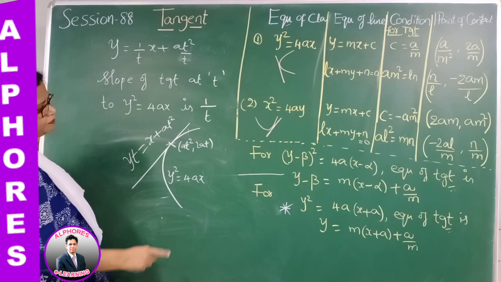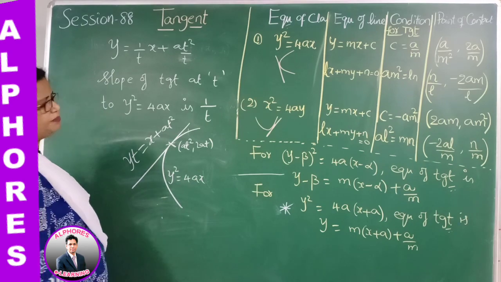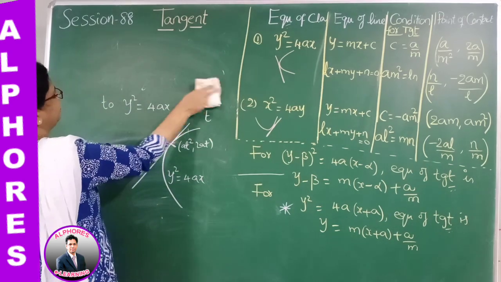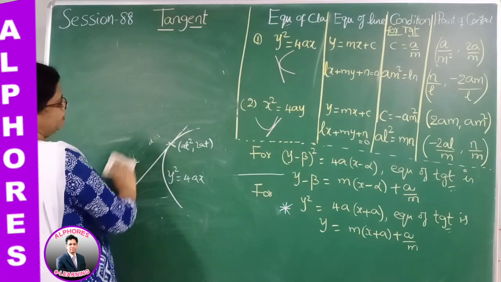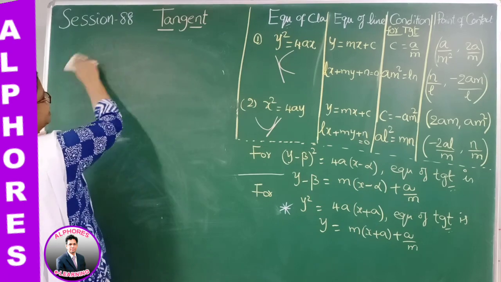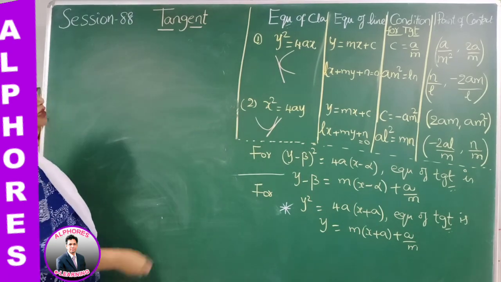Okay, then what about this equation, x square is 4ay? Now you know very well these two parabolas have a relation, that is, one is the image of the other with respect to the line y equal to x.